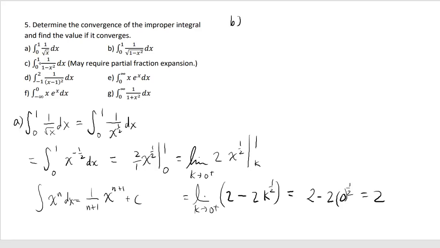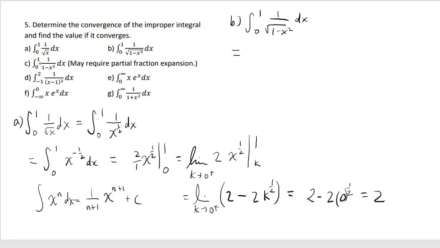What about B? B also has a problem, this time when x is equal to 1. When x is 1, this denominator is 0, and 1 is indeed one of the endpoints, so we actually have to use limits in computing this.